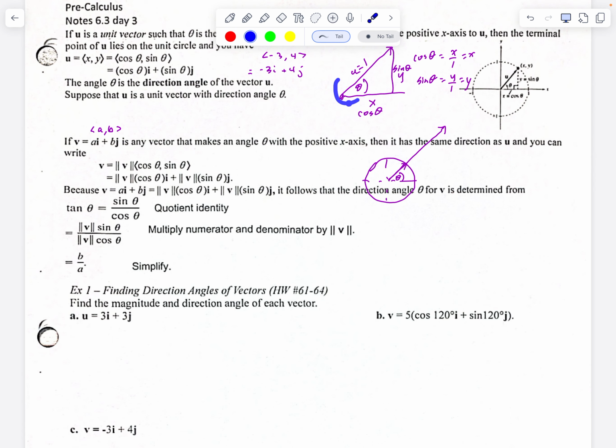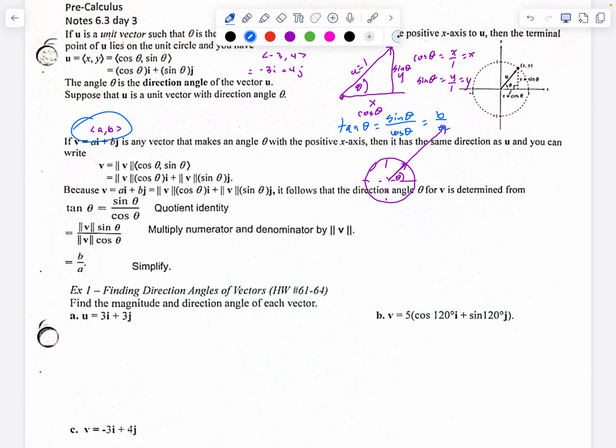Because of this right triangle, we have the relationship that the tangent of theta is sine theta over cosine theta. Or if we are talking about a, b, then this is b over a.